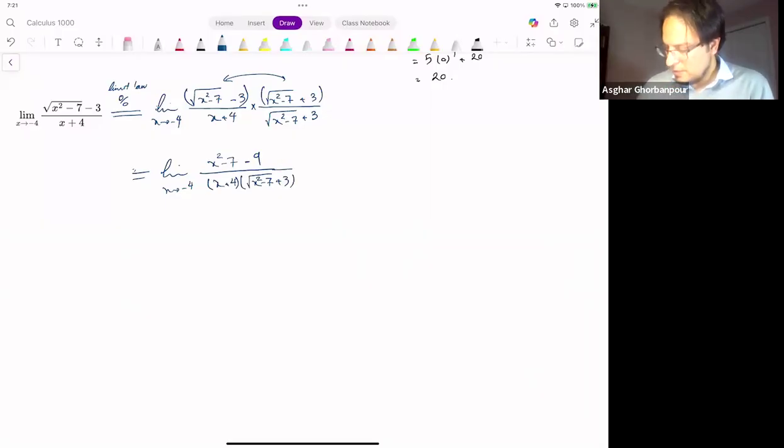Now the numerator has x squared minus 16.